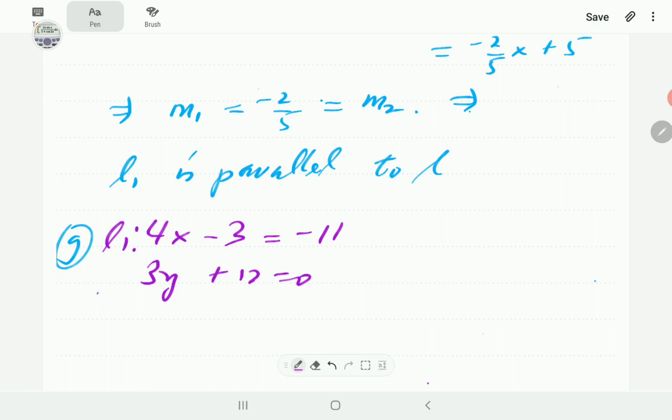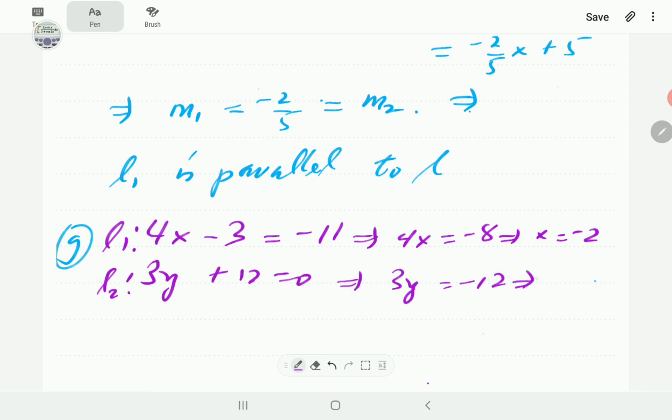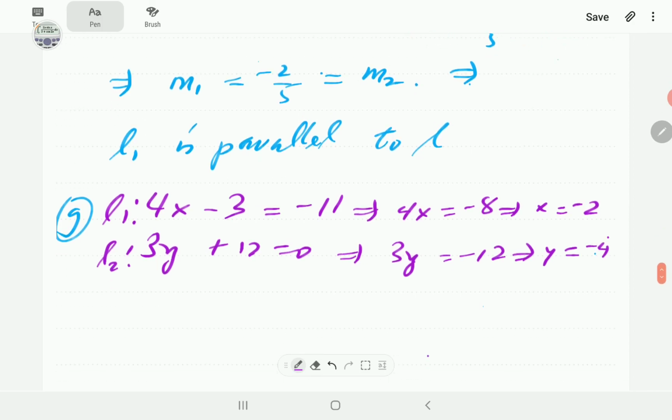This is L1, this is L2. We said whenever there's only one variable, we make that variable the subject of the formula. So in this case, we have got 4x is equal to -8, so x is -2. Here we've got 3y is -12, so y is -4.